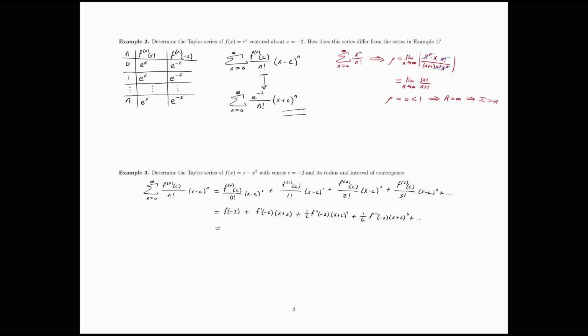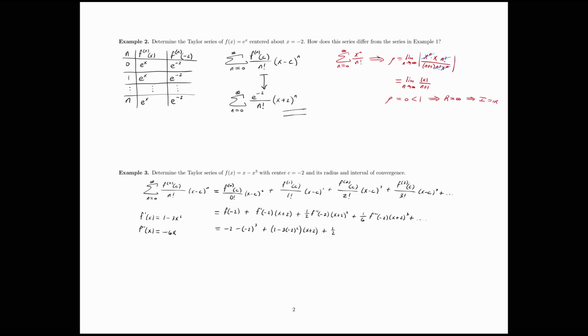So f of -2 is -2 minus -2 cubed plus our first derivative. So our first derivative, f prime of x, is 1 minus 3x squared. So this is 1 minus 3 times -2 squared, x plus 2, plus a half times our second derivative, so f double prime of x is negative 6x.